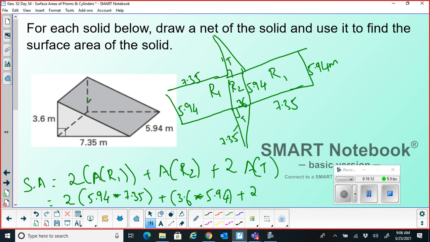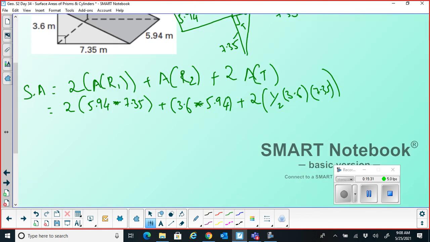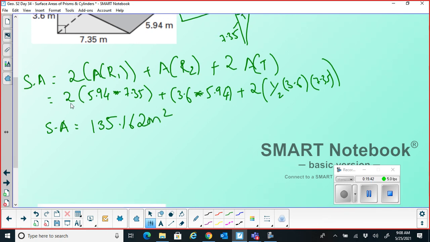So 2 times half of base 3.6 times height 7.35. Let's simplify this. Once we substitute all of this in the calculator and simplify, we get the surface area as 135.162 meters square.